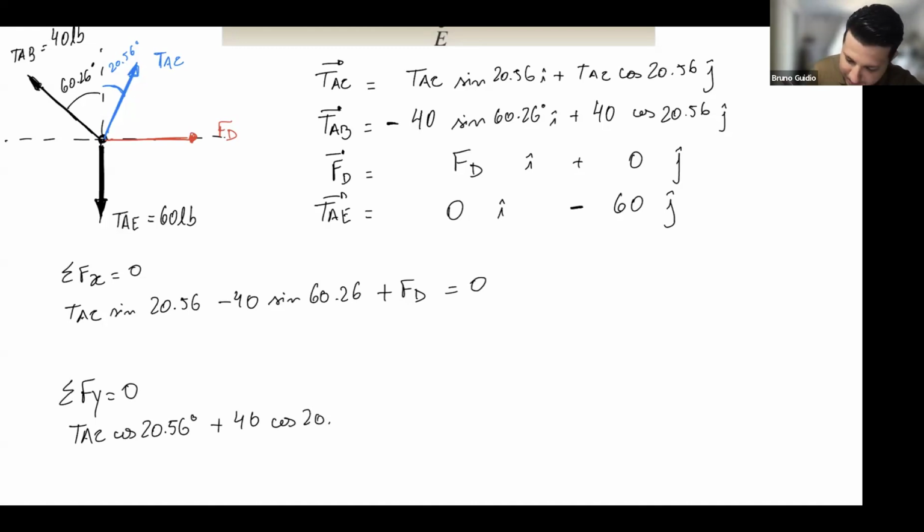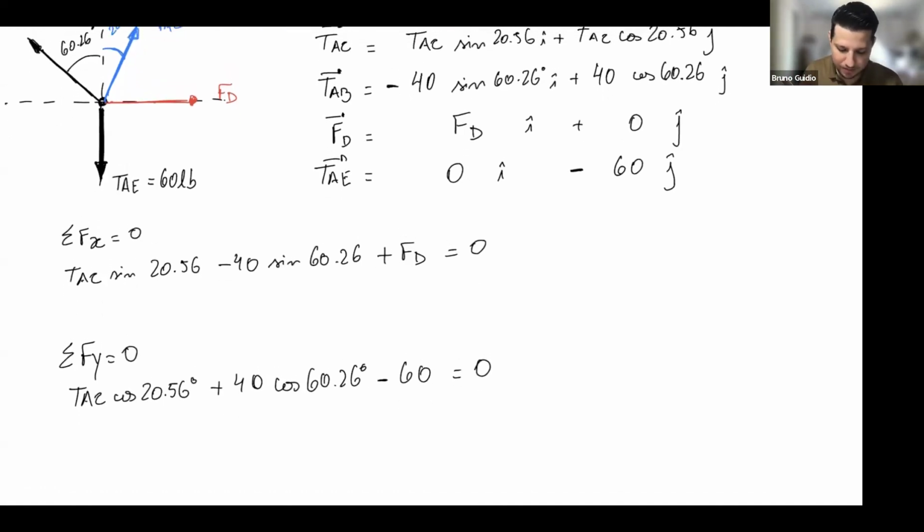There's a typo here, guys. Please let me know when I have a typo. Open your mic and just tell me. Let me go back here. So this is 40 cosine 60.26 degrees, minus 60, equals 0. And if you don't agree with anything, please let me know.